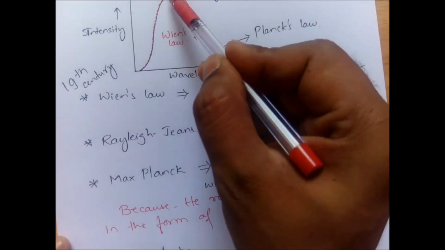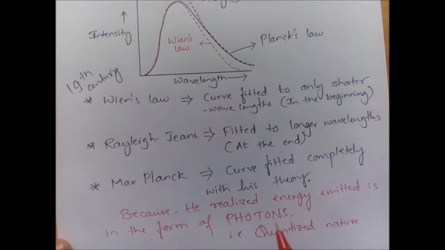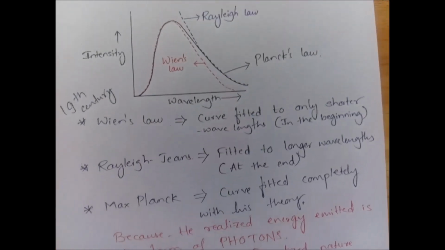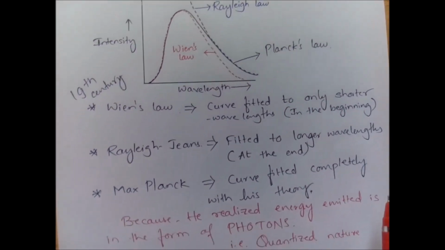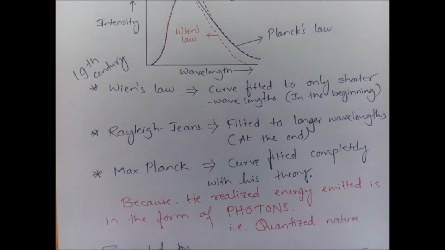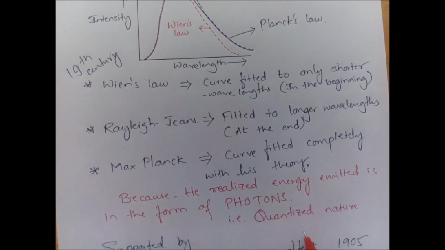His curve fitted exactly to the experimental curve. Why did he succeed? Because he considered what is coming out, the radiation from the hot body or black body, as a photon, or we can call it the quantized nature of radiation.